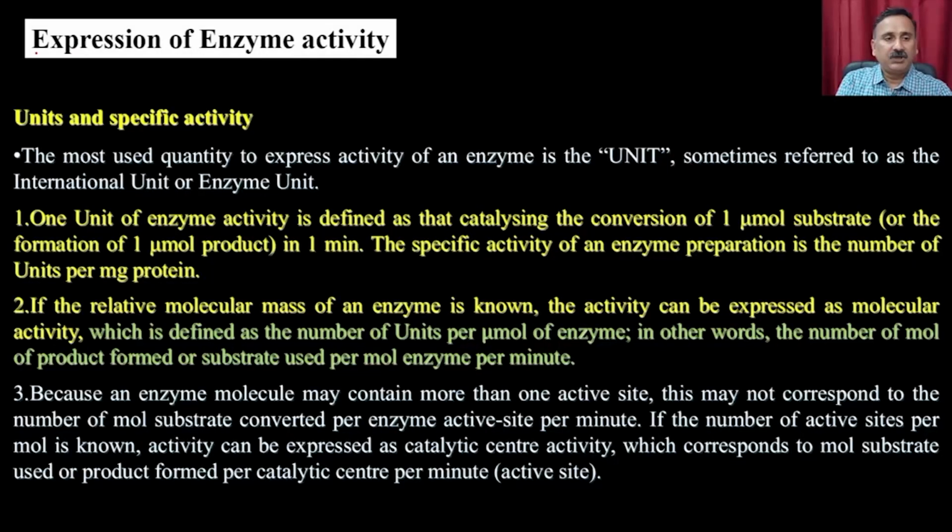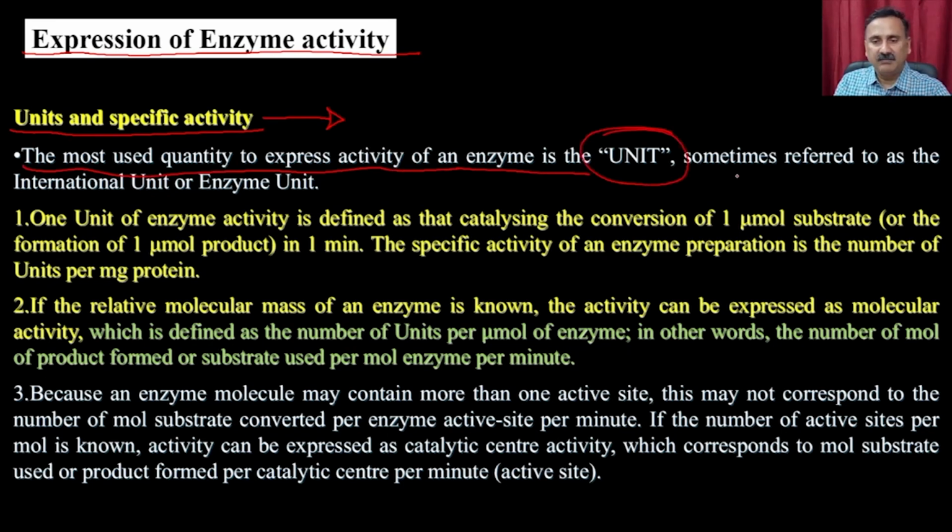So, the expression of enzyme activity. One of the units is the unit, and then the specific activity. That is the universally popular way of expressing enzyme activity. So what is one unit of enzyme? The most used quantity to express the activity of an enzyme is the unit of enzyme, sometimes referred to as the international unit or the enzyme unit.